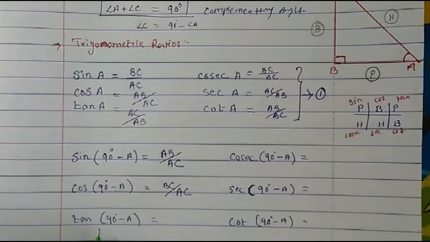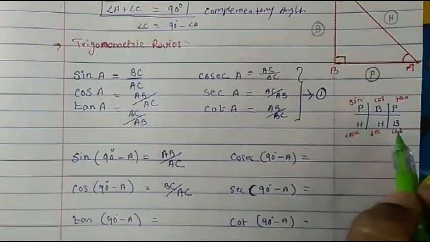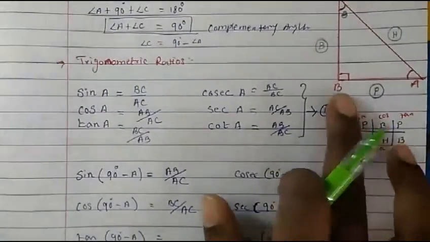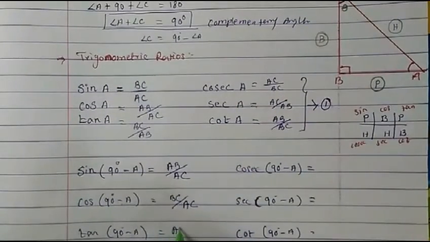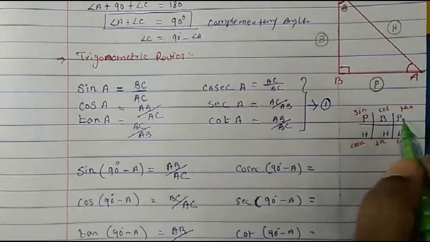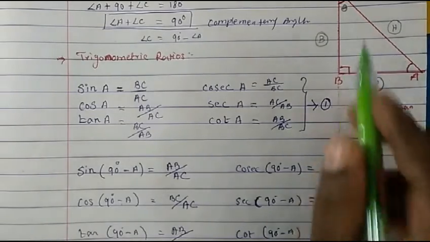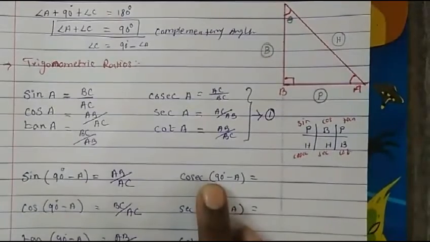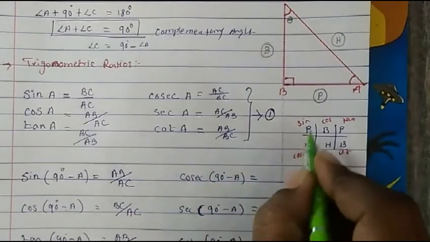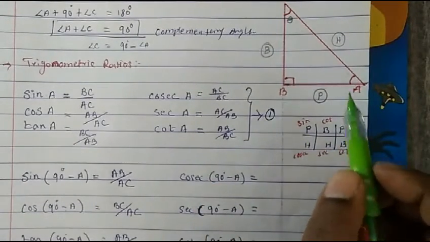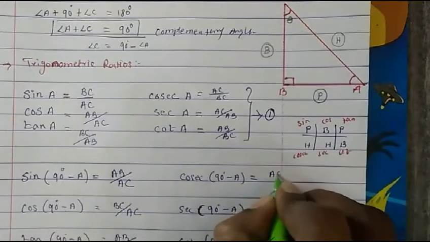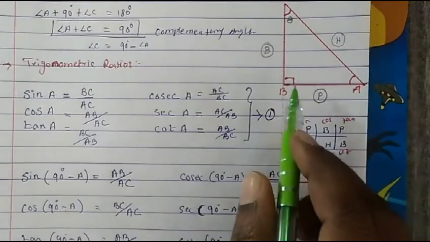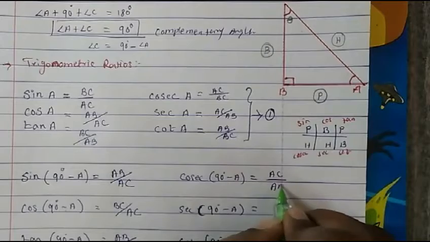Then for tan, tan is perpendicular upon base, so perpendicular is AB and base is BC. Same way for cosec, cosec is hypotenuse upon perpendicular, so AC upon AB.